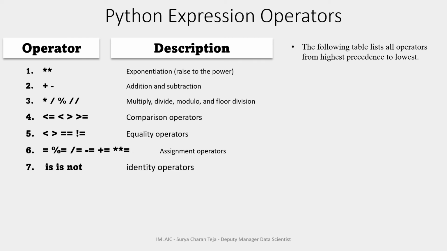Now, the next thing is identity operators such as is and is not, which are used to find out whether two objects are the same or not. And membership operators such as in and not in are used to identify whether a certain object is a member of a sequence or list of items or not.